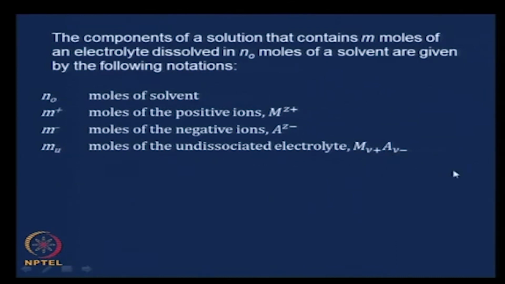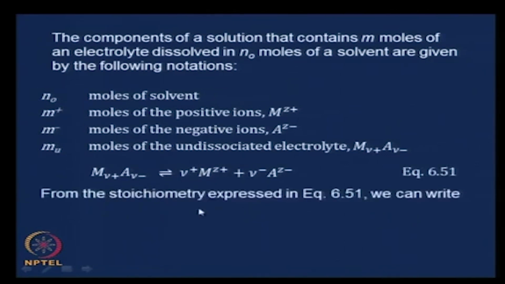The reaction that we saw earlier, M nu plus A nu minus giving you nu plus M^Z plus and nu minus A^Z minus. The number of moles of this that exists at equilibrium when the dissociation has taken place is called Mu, and this results from adding m moles of an electrolyte, which would of course be different from Mu, to N0 moles of the solvent. That is the system that we are considering.